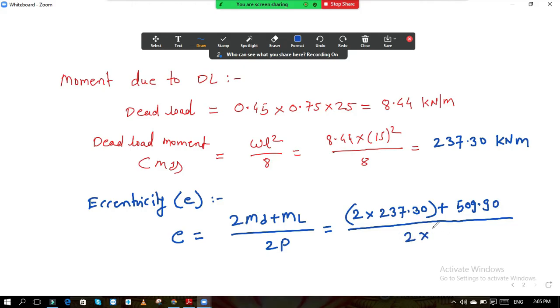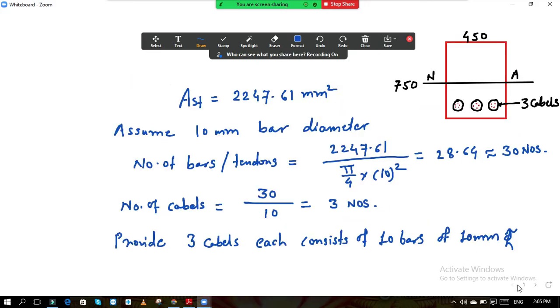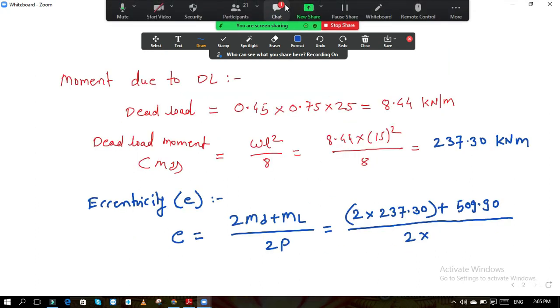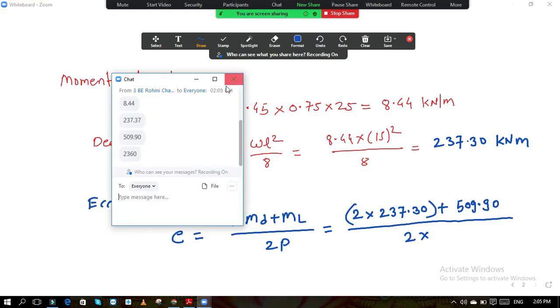What was the value of prestressing force? It is 2360.